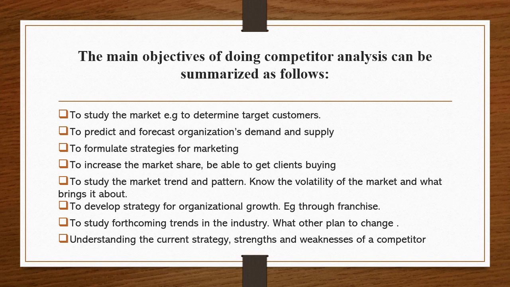To develop strategy for organization growth. So developing strategies for organization growth. So you know, organizations grow either externally or internally. So an example of an external growth is through what you call franchise. And franchise is when a company allows other businesses to sell its products but under its name.